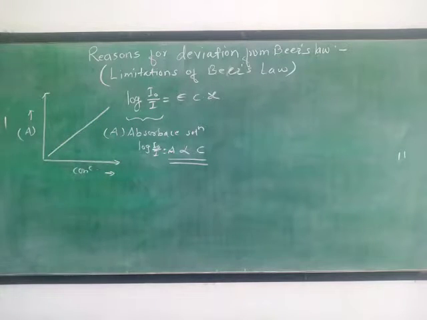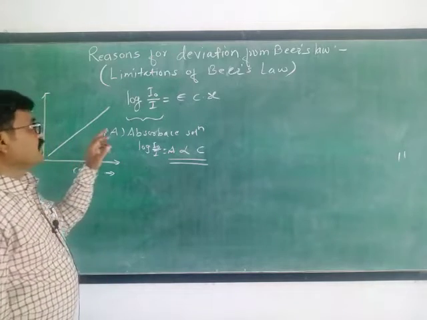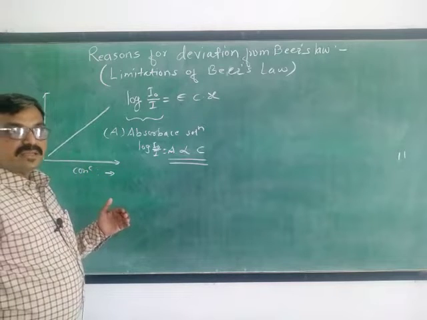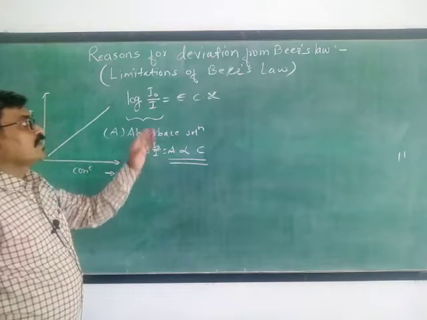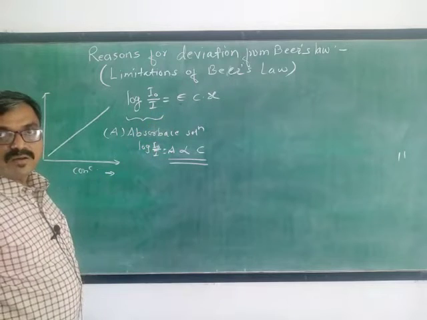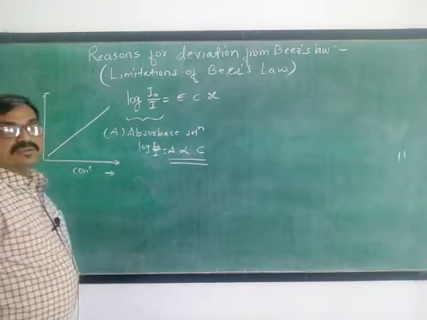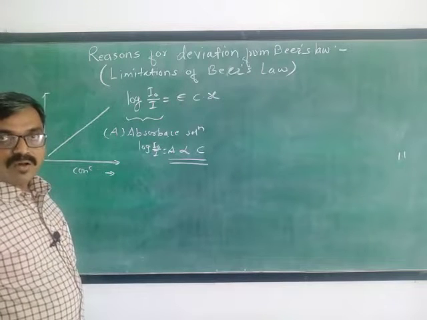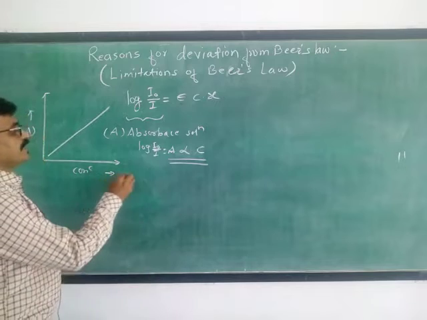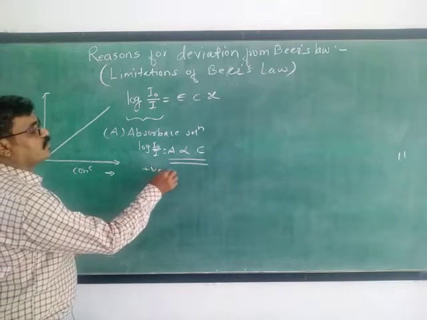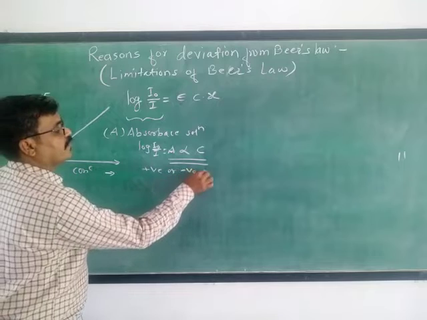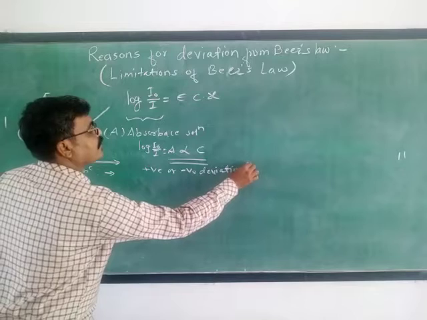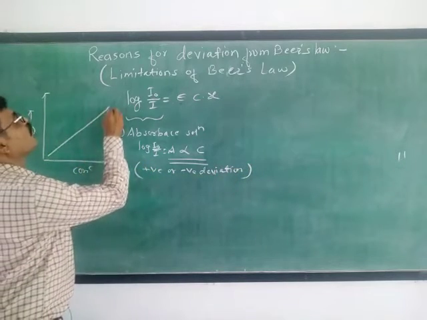But sometimes the observed value of absorbance is such that it cannot follow Beer's law, and this is called deviation from Beer's law. This deviation may be positive or negative, and there are several reasons for it.